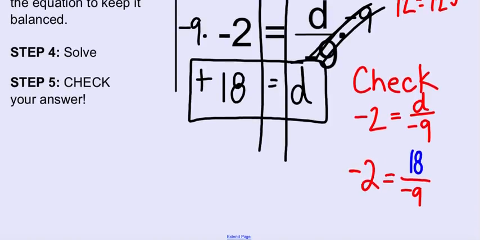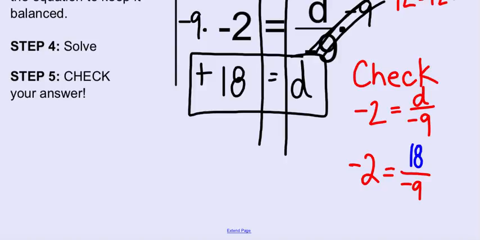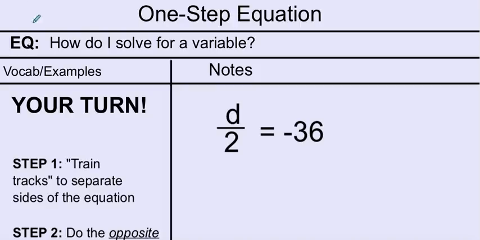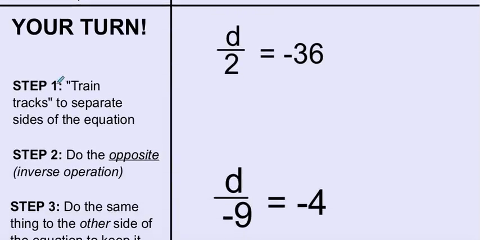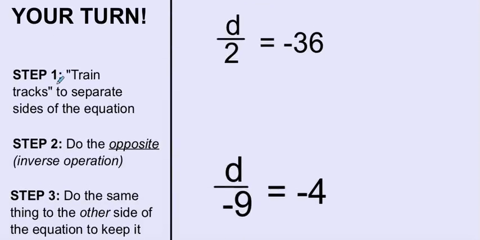Does 18 divided by negative 9 equal negative 2? Yes, it does. So I know that I checked it out. I know that my answer works. Same idea. What I want you to do is hit pause and try solving these two equations and then come back for the answer.